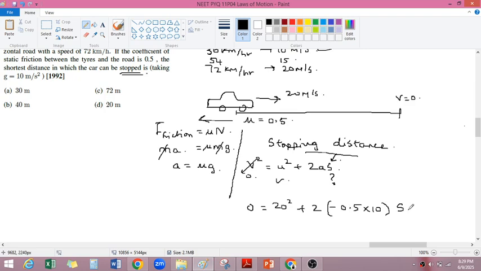Sir, why are we taking the negative sign? Because the car is decelerating. If this is in the positive direction, then which direction is the force in? Negative direction, that's all. So the force is in the negative direction. If force is negative, acceleration is also negative.